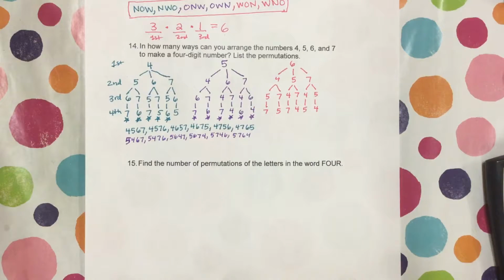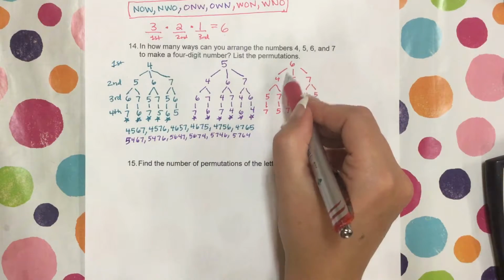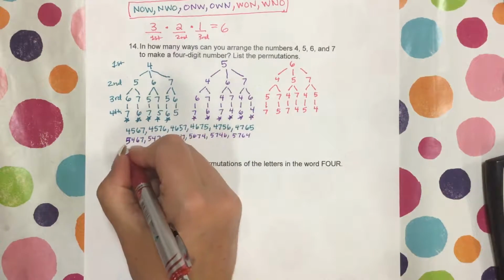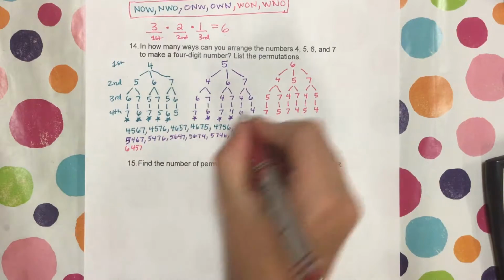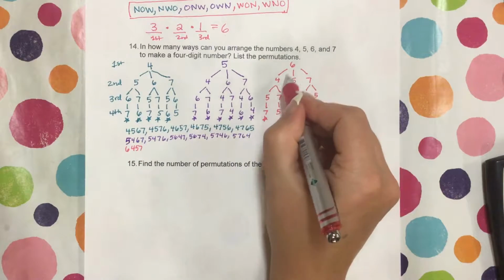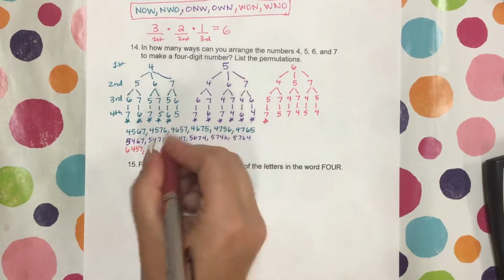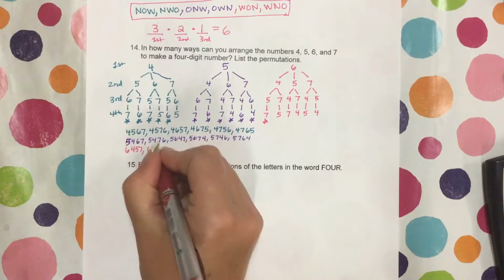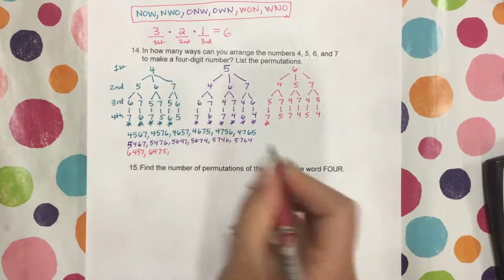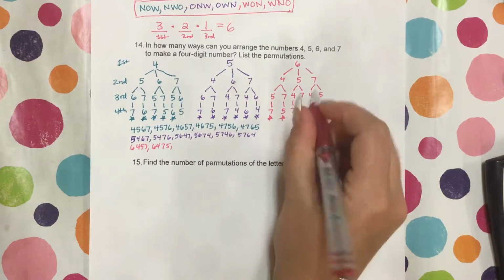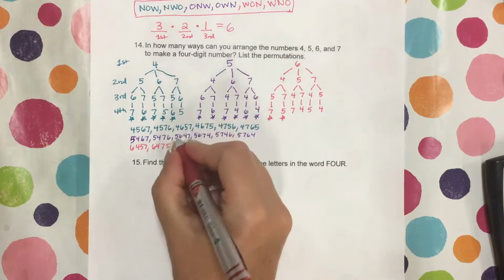So now we can write down the options. First one would be 6, 4, 5, 7. Then we'd have 6, 4, 7, 5. And then we'd have 6, 5, 4, 7.